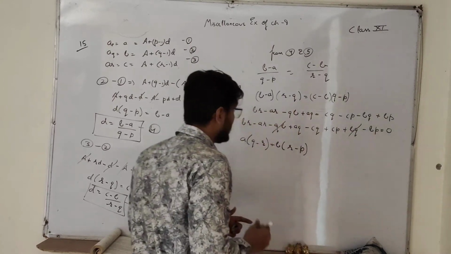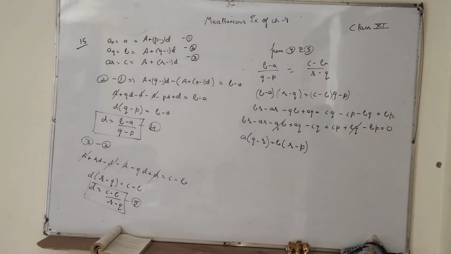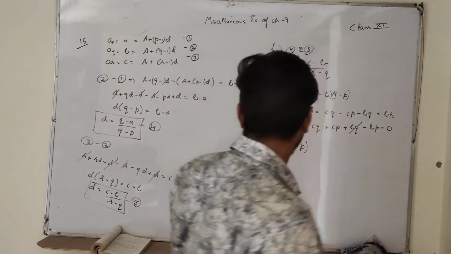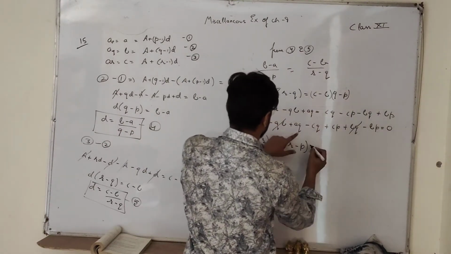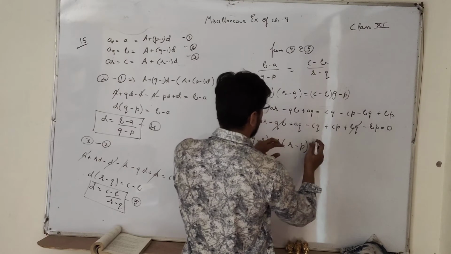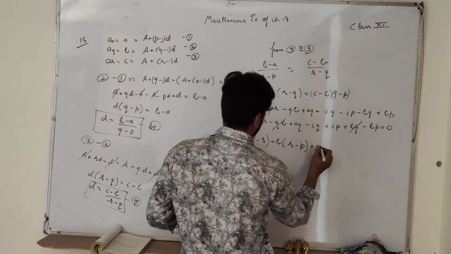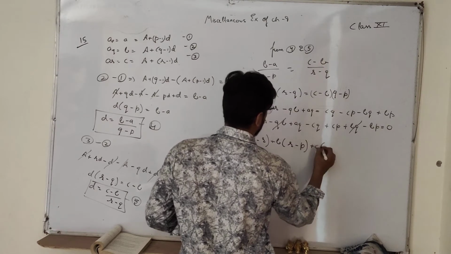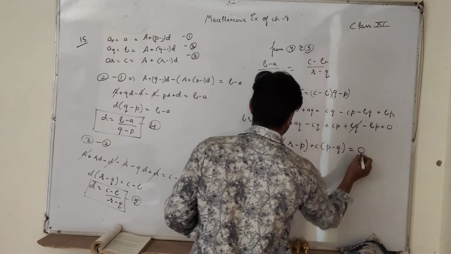Similarly, if we take C common from the remaining terms, we have plus C (P minus Q) is equal to 0.